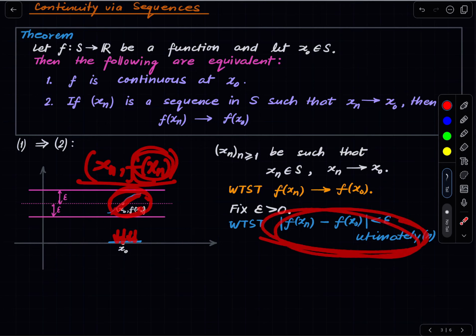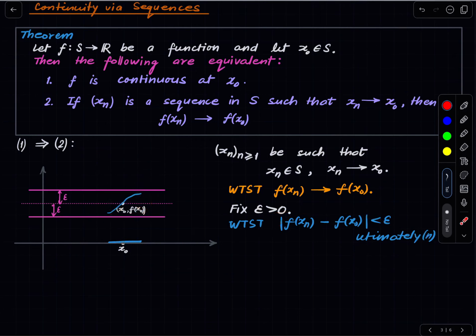So this is basically the idea. As you come closer and closer to the point x naught, you must come closer and closer to the point f(x naught). This is a straightforward argument. But please write down all the formal details in your notes.